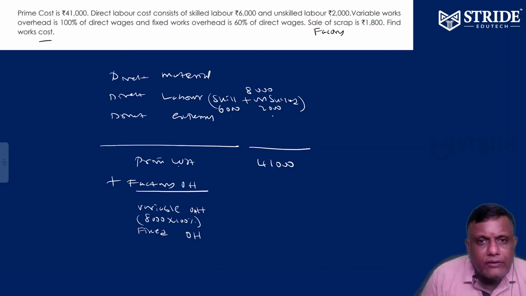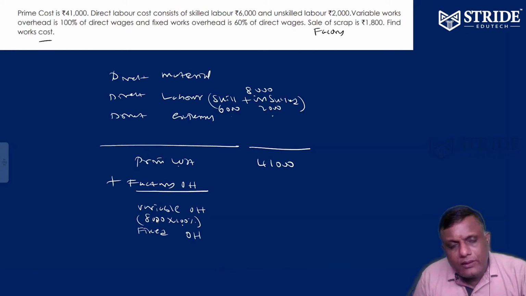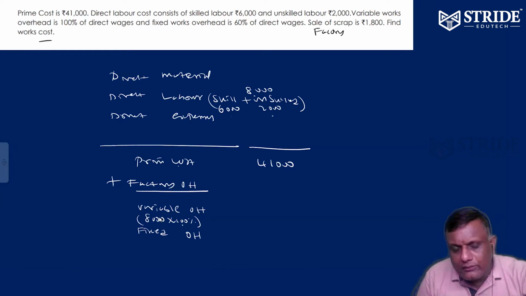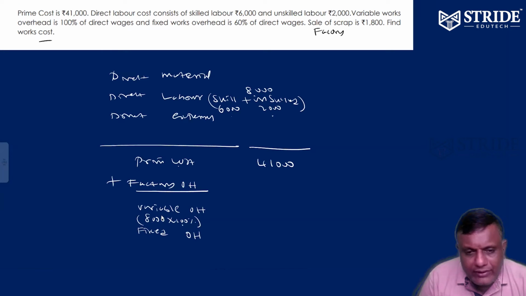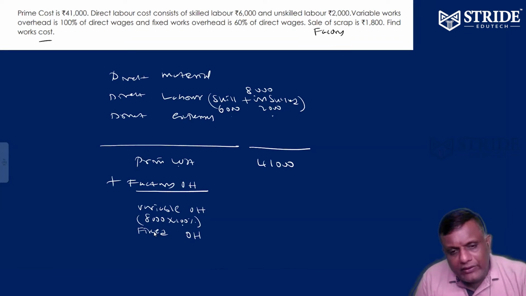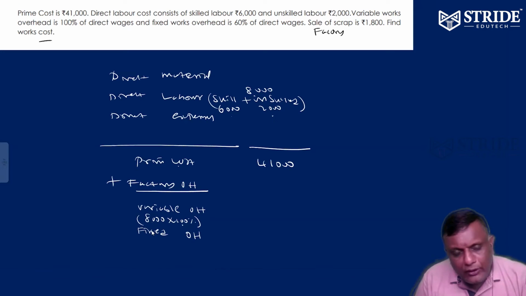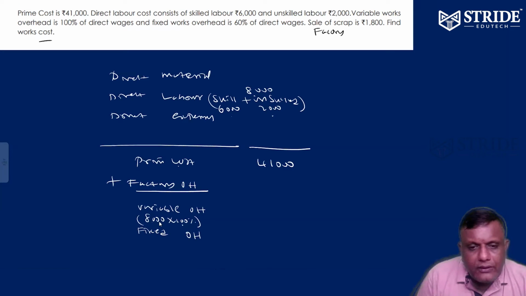What is variable? The more output you produce and sell, the more expenses will happen. It's called variable: more output, more material, more labor. What is fixed? Whether you're producing or not, rent you have to pay always. Fixed salary you have to pay always. Say I'm producing 0 today, fixed rent you have to pay. I'm producing 1 lakh units, rent you have to pay. So 8,000 at 100% is 8,000.